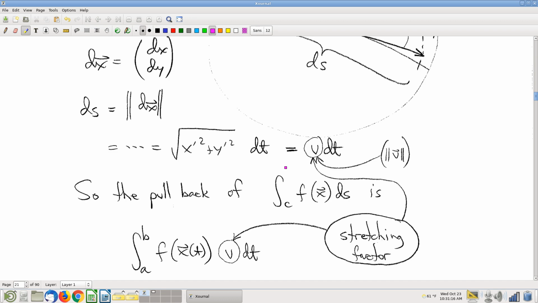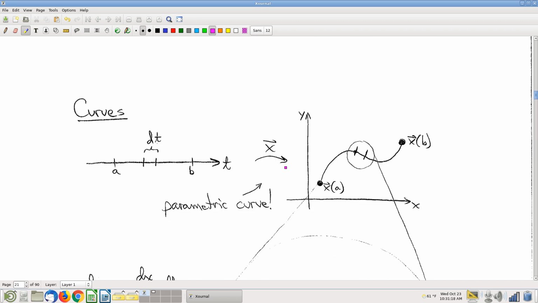Wait a second. I forgot to make a comment here. Let me come back to the very start of this page. Reminder, our goal is to view this curve as being the image of something nicer. Curves I can think of as being images of intervals on the t-axis. And so there is a function that will do this.